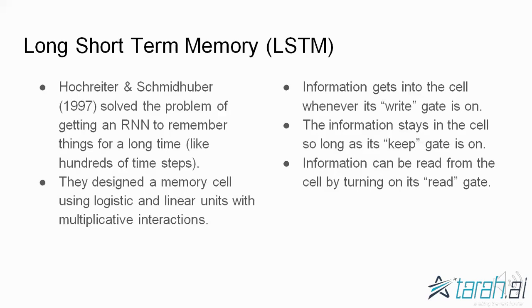Then information which is in the cell should be retained, which is what we call a keep. Then information in the cell can be read for future cells, which is what we call a read state. So it is these 3 phenomena which are important from the perspective of giving the notion of memory to the particular cell.